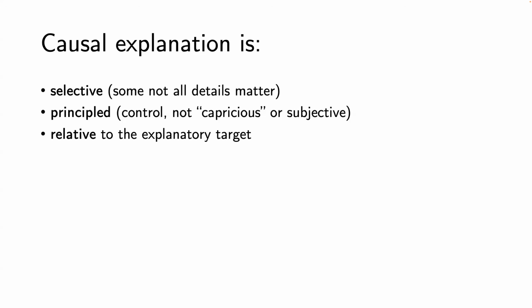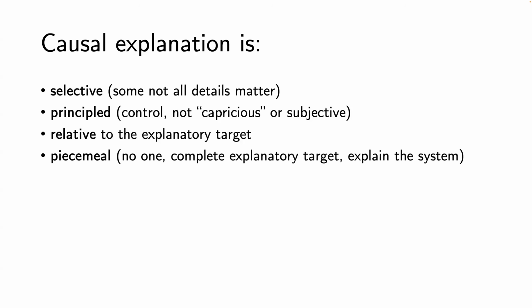Explanations are also relative to an explanatory target. We can't give them, we can't justify them, we can't judge them until that target is not only specified, but specified in a well-defined way, which involves some of the considerations I just mentioned. Explanations are also piecemeal. This is in contrast to views of explanation that are sort of like a theory of everything type of project, where you want the full one main explanation for the whole system.